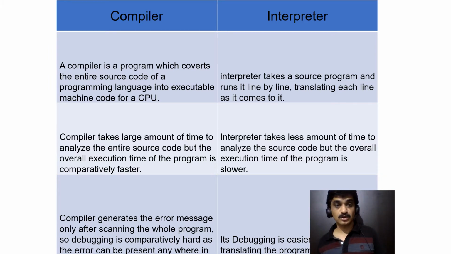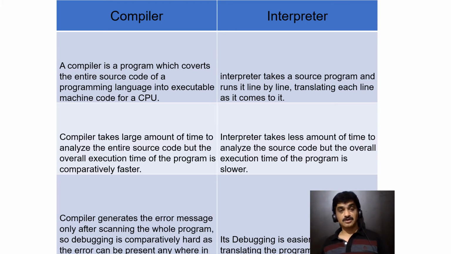The overall execution time of the program is comparatively faster, but the interpreter takes less time to analyze the source code because it reads line by line, though the overall execution time of the program is slower. The interpreter is slower in the output part, but in the input part the interpreter is faster.